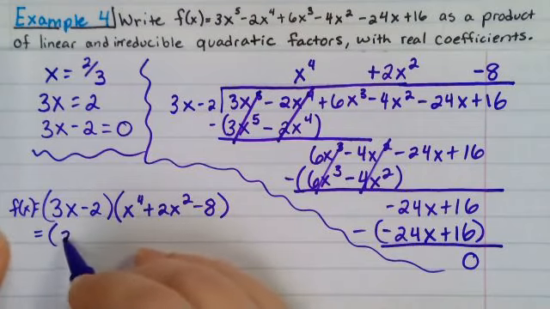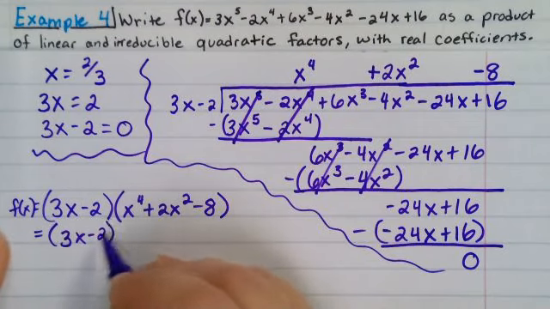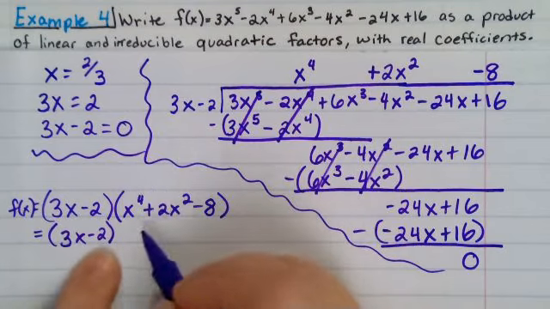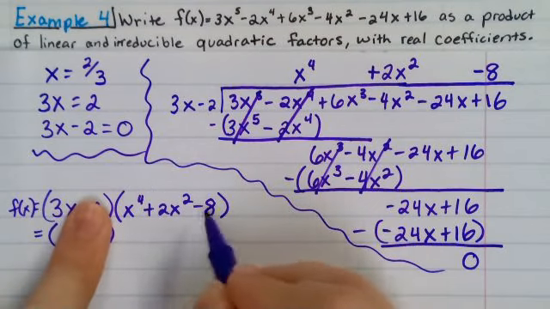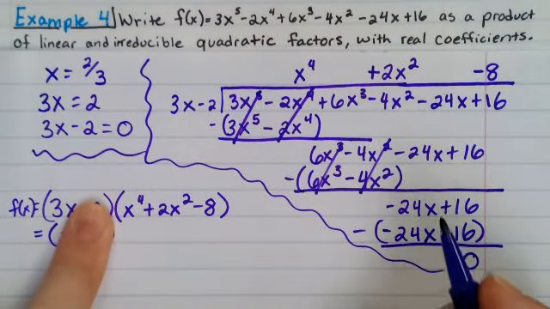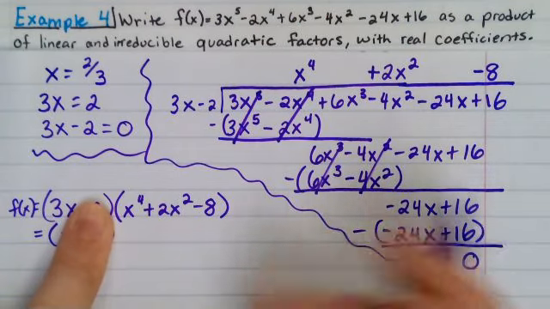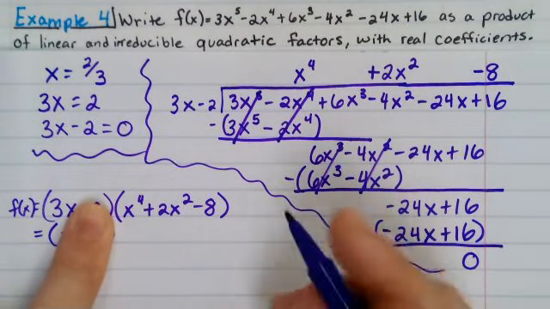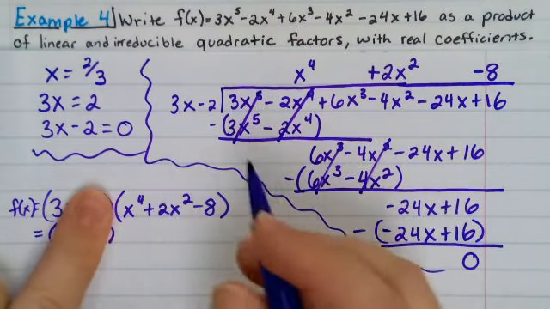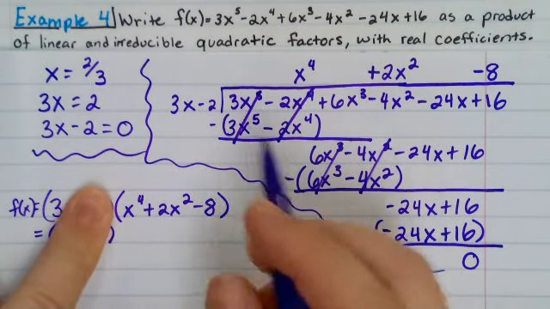We have this 3x minus 2, which is a linear factor, but this factor over here is not quadratic. This is quartic. So I'm going to have to figure out how to simplify this down, and we're going to talk about factoring this quartic.